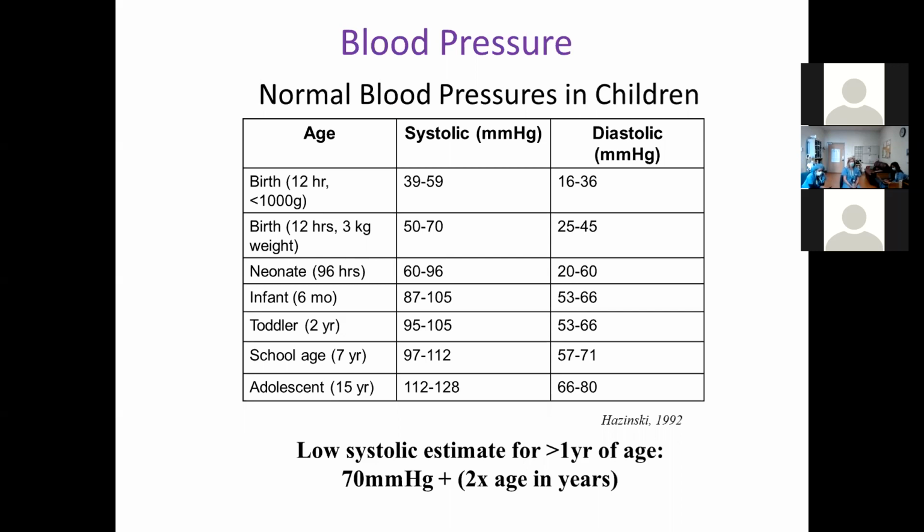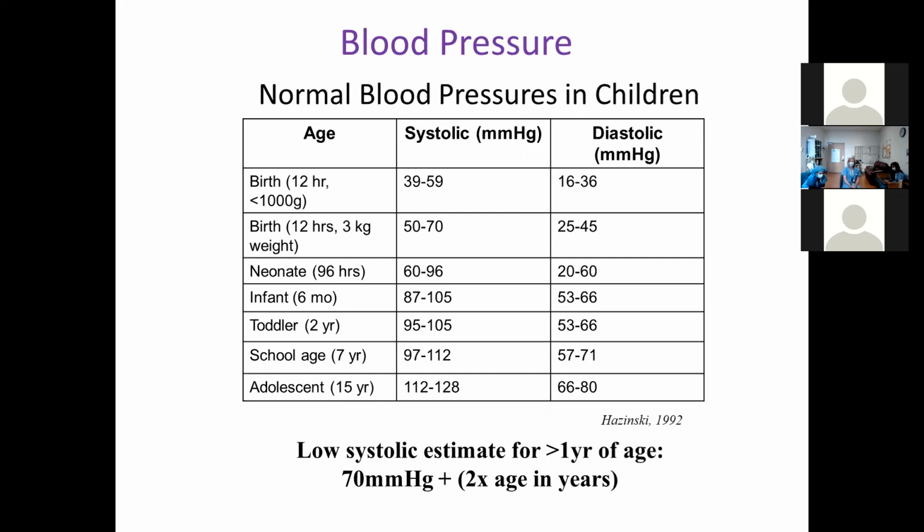That is not a great blood pressure. It is the 5th percentile of acceptable systolic BP, but that is the bare minimum that you'll accept. If it's less than that, it is considered hypotension.